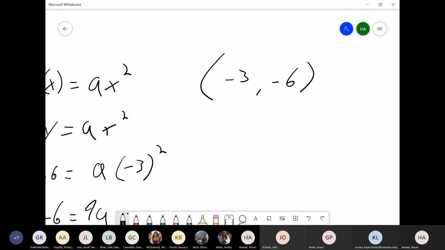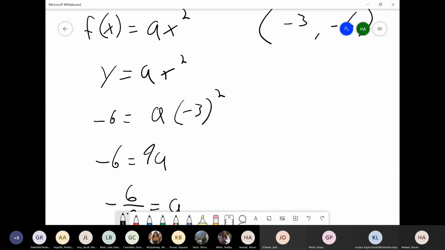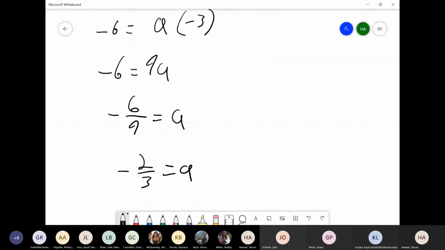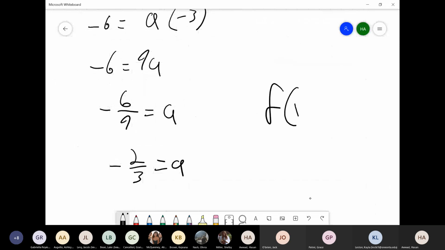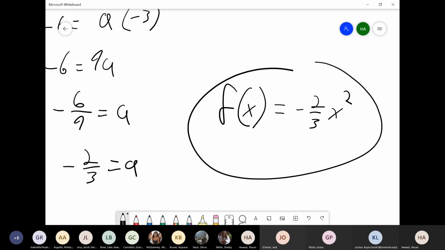In this case we were given just one point, -3, -6. We plug those into our x and y, solve for a, and write our final answer. So our function is -2/3 x squared, and we're done.